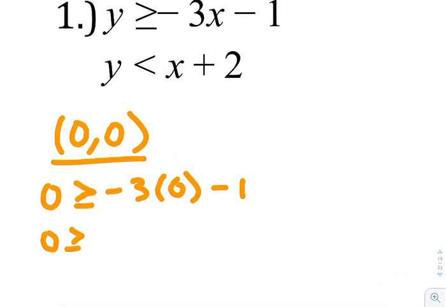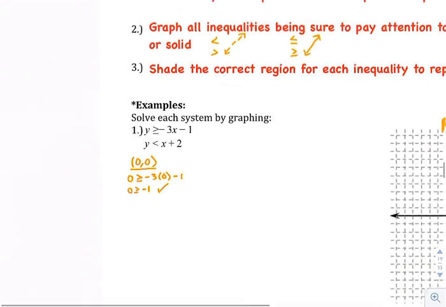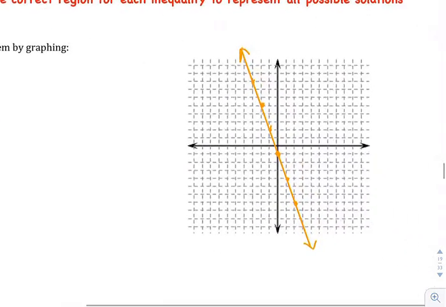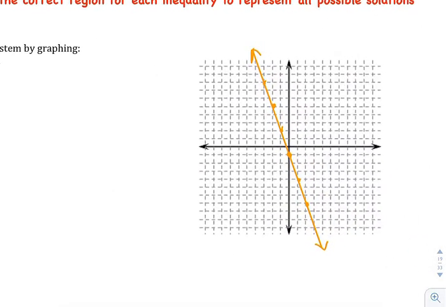So 0 is greater than negative 1. Because it's true, that means 0, 0 is a solution. So that whole side would have to be where all the solutions are. You're basing it off of which side.